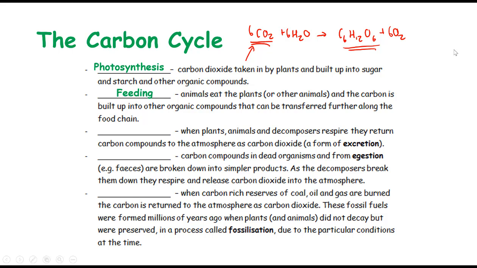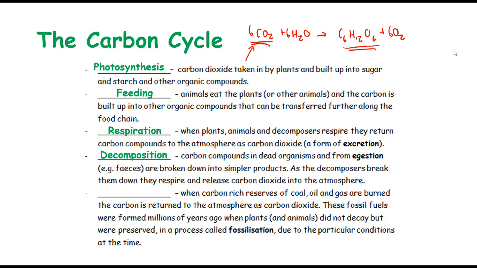So like I was saying, the animals eat the plants, digest the starch, release the glucose, and then can use it for respiration. Respiration takes place when plants, animals, decomposers respire and return the carbon compounds to the atmosphere as carbon dioxide.